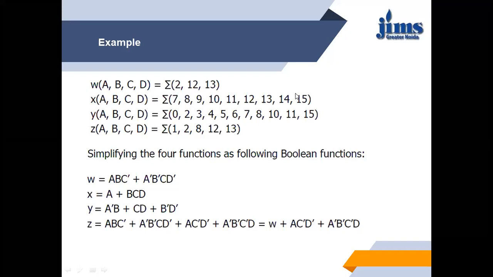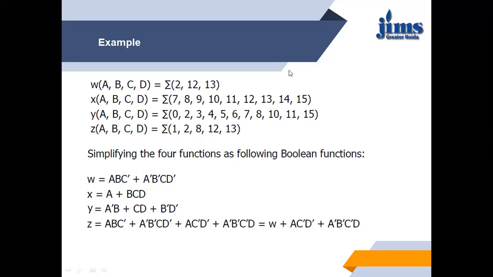X is A plus B C D. Y is A bar B plus C D plus B bar D bar, and Z equals A B C bar plus A bar B bar C D bar plus A C bar D bar plus A bar B bar C bar D.